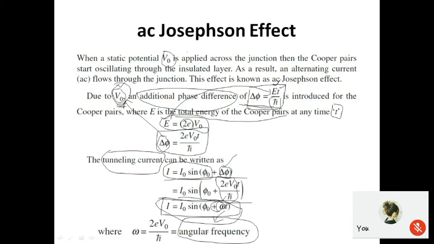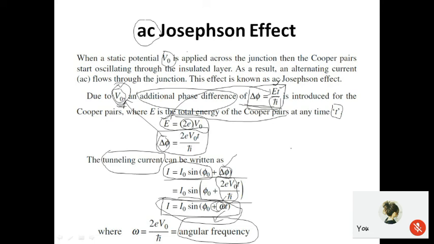Therefore, this angular frequency term represents the oscillating nature of the Cooper pairs between superconductors 1 and 2. Hence we get an alternating current, and therefore we get the AC Josephson effect.